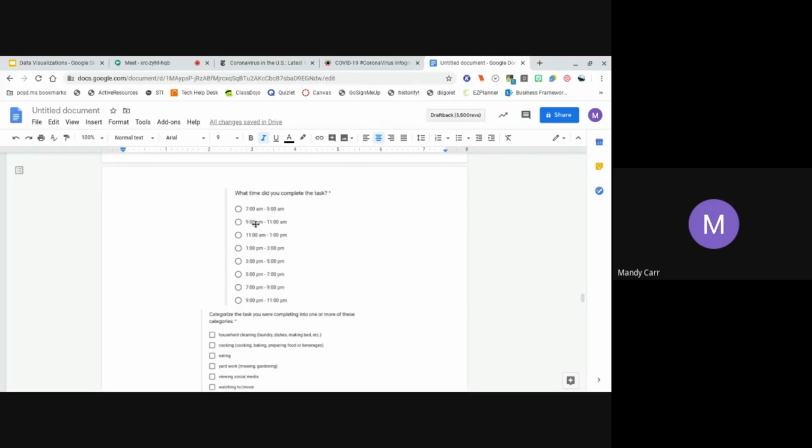Since I didn't ask for an exact time, I just know it was between those 2 ranges, and I could have a chart if I was asking for how often did you do something in this time frame. But I could ask for that and put that amount in between that range on that chart. Okay.